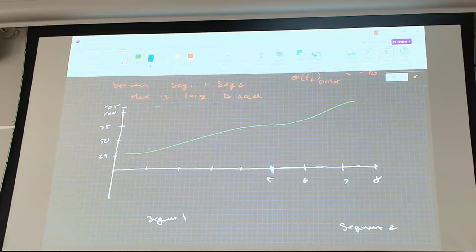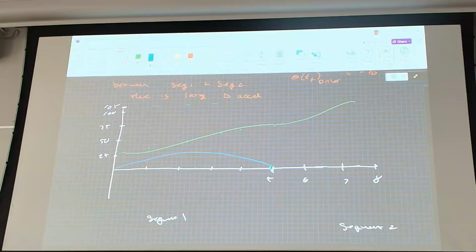We're going to see our acceleration, velocity is going to do this. Come to 0, and then it's going to go up like that.